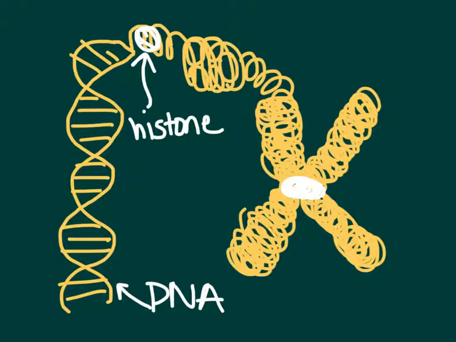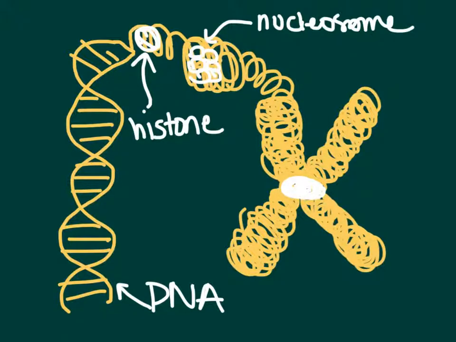So when DNA wraps around histones, then you get your chromatin. That's all that chromatin is. Multiple histones are going to form into a little flower shape, and that makes a nucleosome. And those nucleosomes are going to continue to wrap around themselves until they make a chromosome.